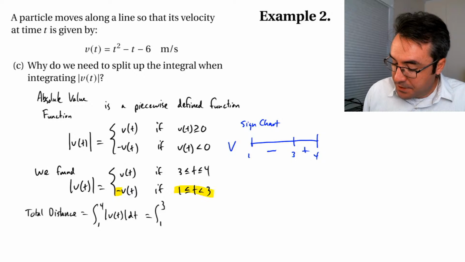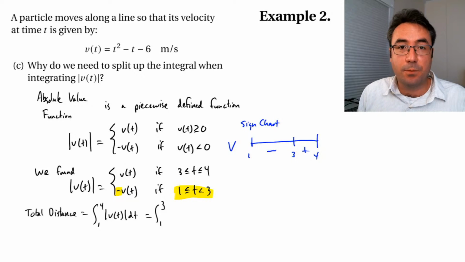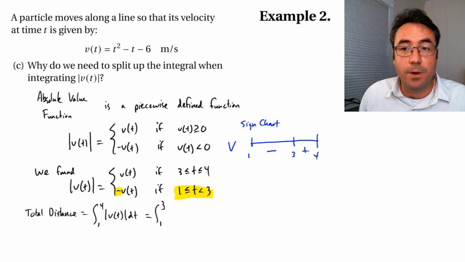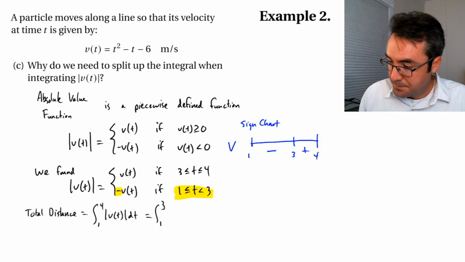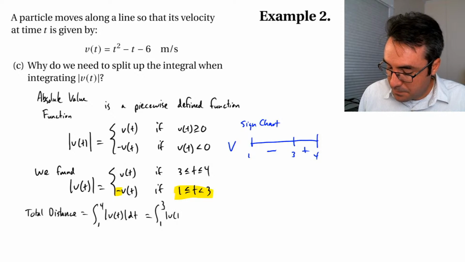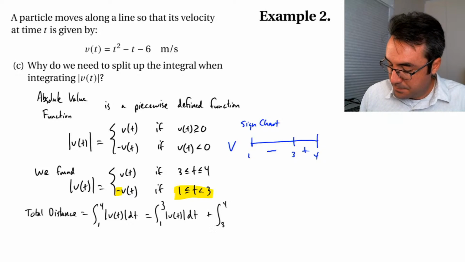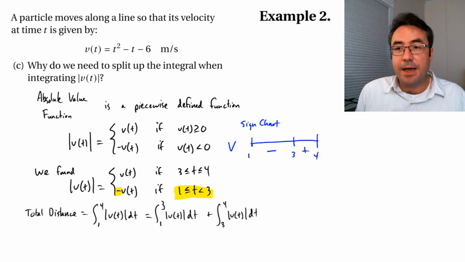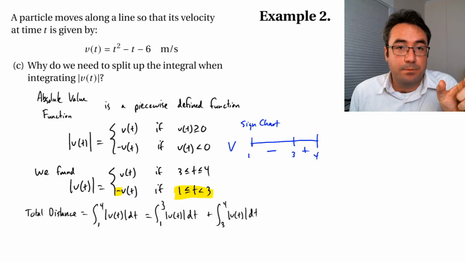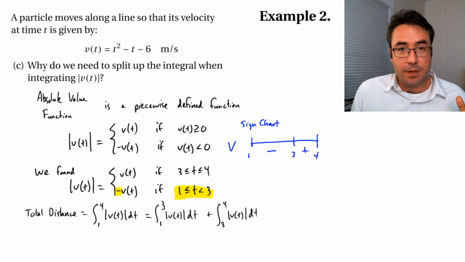The first piece was from 1 to 3, so we integrate from 1 to 3. That was one piece of our function. And then the other piece was from 3 to 4.